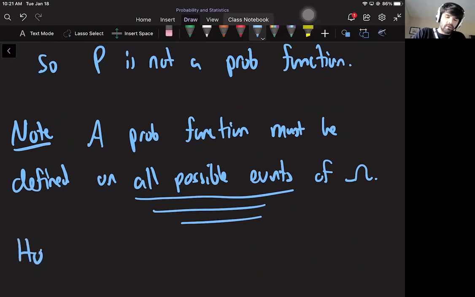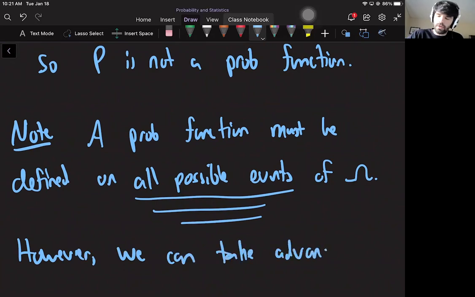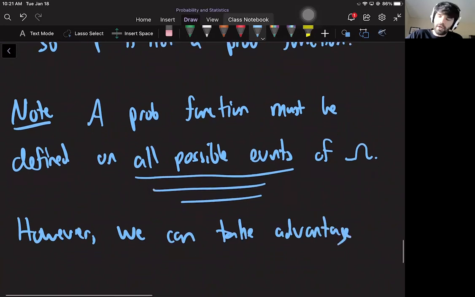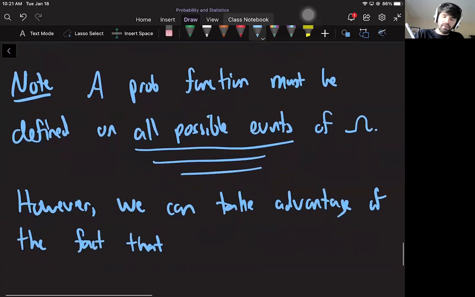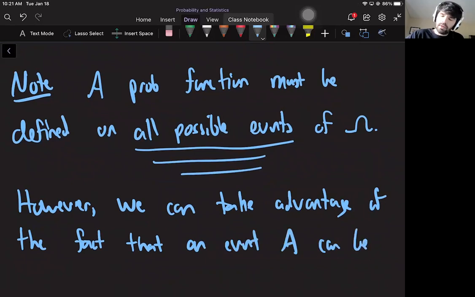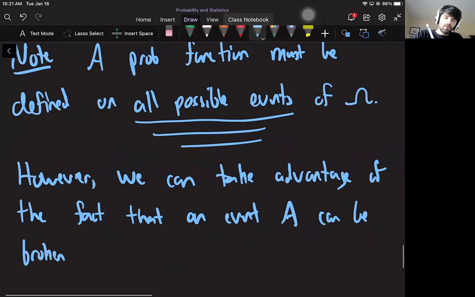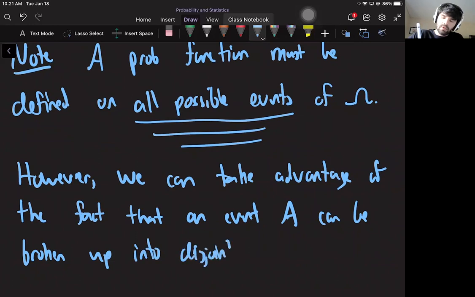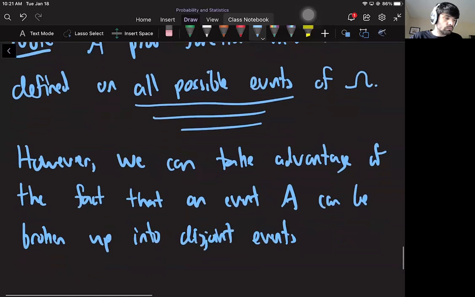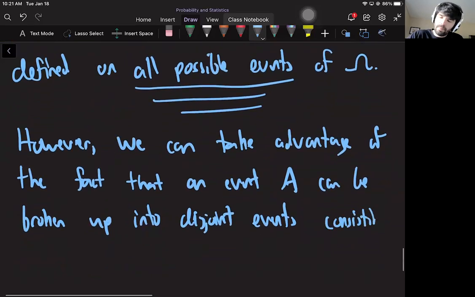However, we can take advantage of the fact that an event A can be broken up into disjoint events consisting of one outcome each.